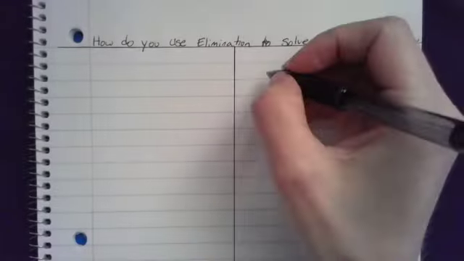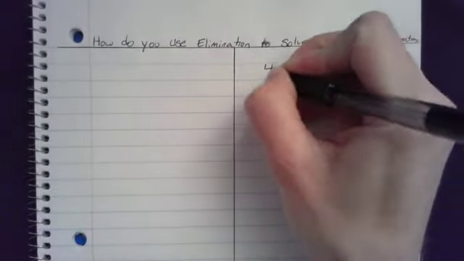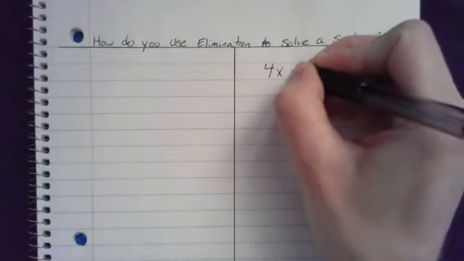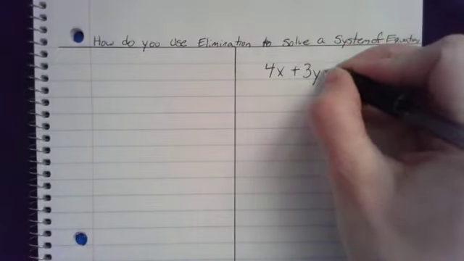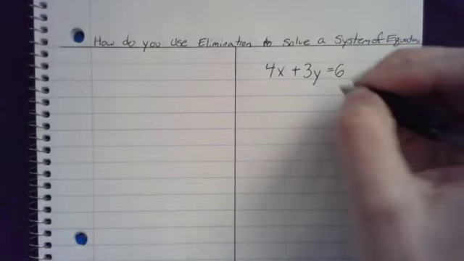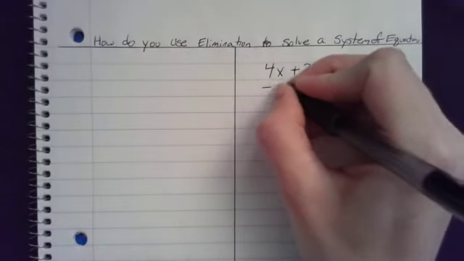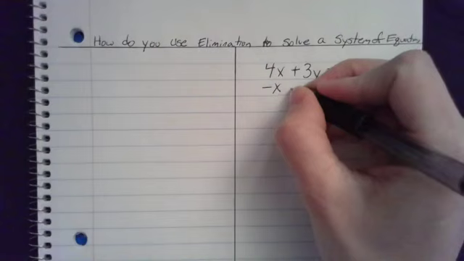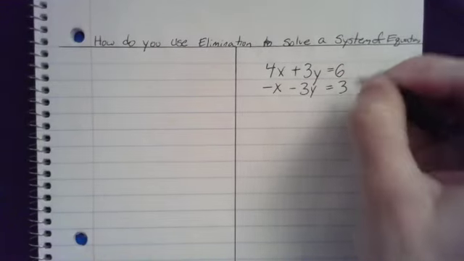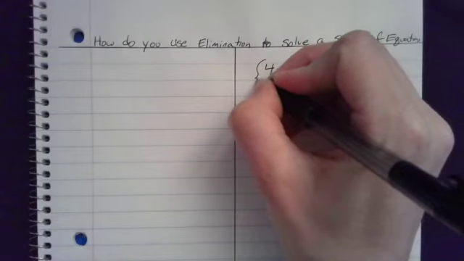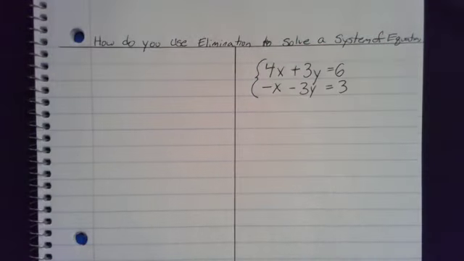So the first system we are going to solve is 4x plus 3y equals 6, and negative x minus 3y equals 3. I know this is a system of equations because it is grouped together with this bracket.